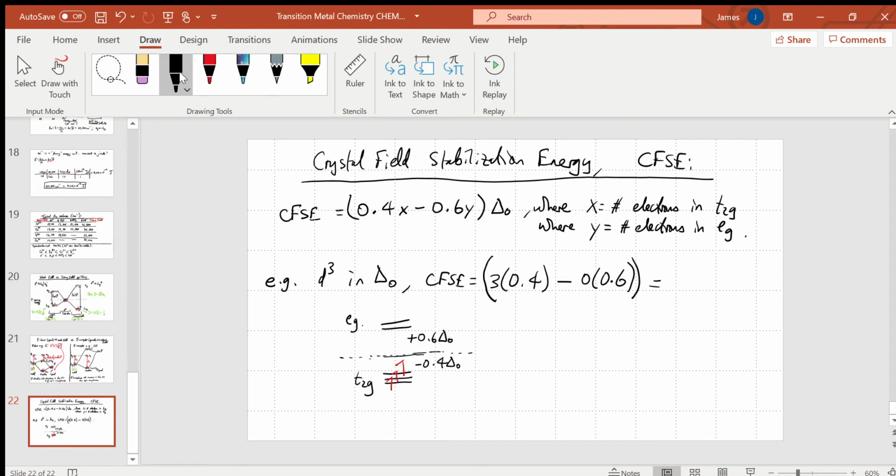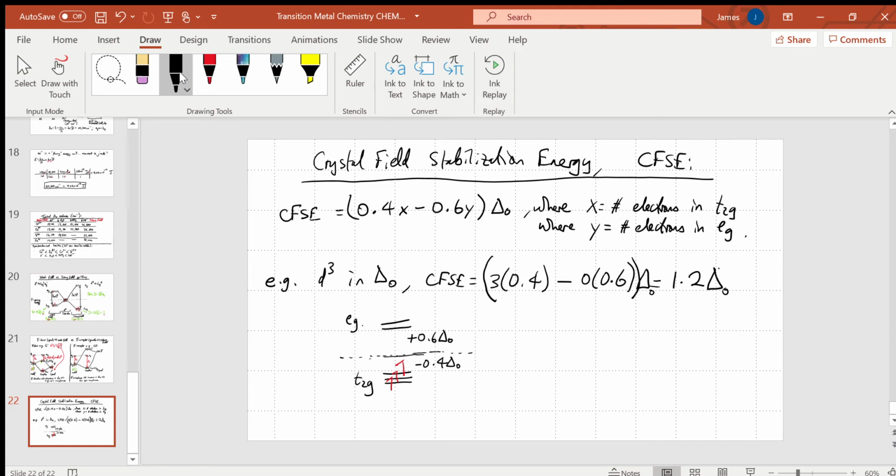So that's going to be positive 1.2 multiples of delta O, 1.2 lots of delta O. Okay, so that's my crystal field stabilization energy.